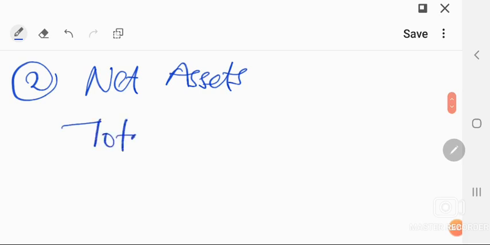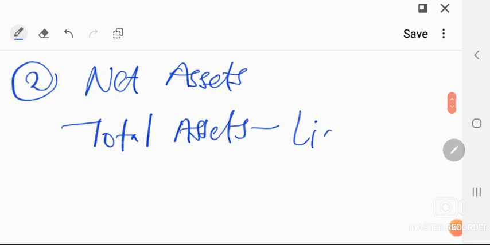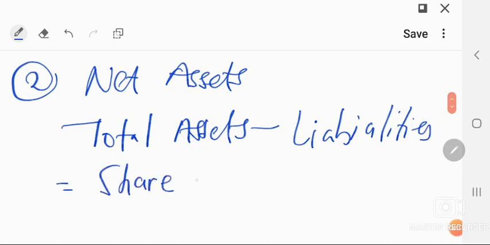What do we take on the second working? Net assets. What do you understand by the word net assets? Net assets are basically total assets minus liabilities, which can actually be equal to share capital plus reserves.